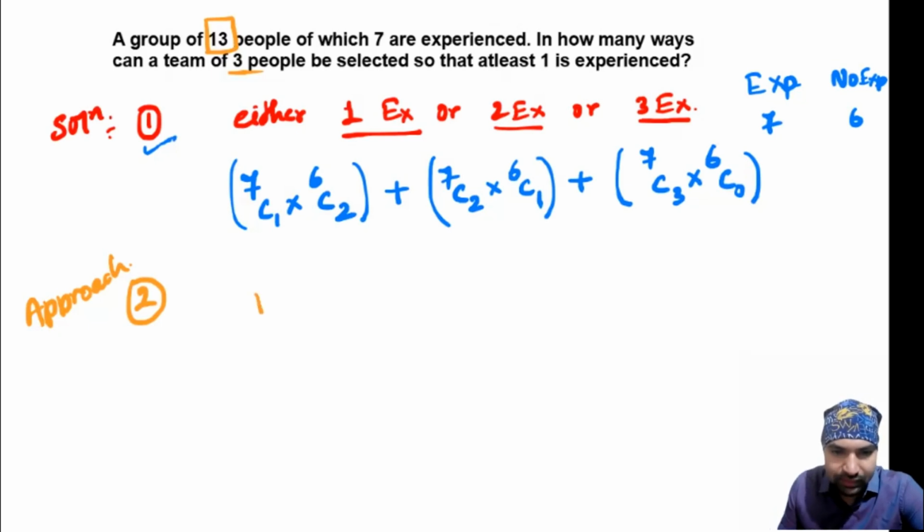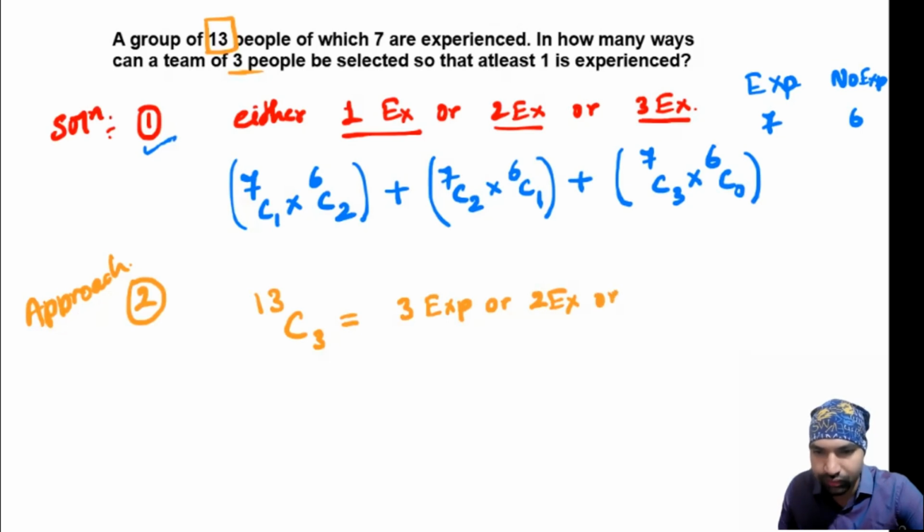When I say 13C3, this will include all the possibilities: either all 3 are experienced, or 2 are experienced and 1 is non-experienced, or 1 is experienced and 2 are non-experienced, or the fourth case, 0 experienced.